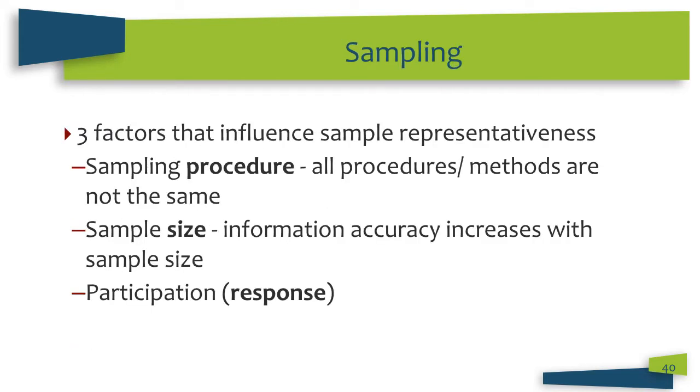There are three factors that influence sample representativeness, how good your sample represents the population. The first factor is your sampling procedure. All procedures are not the same. The better your procedure is, the more representative your sample would be of the population. Sample size: the larger the size of your sample, the more accurate your sample would be when you compare it with the entire population.